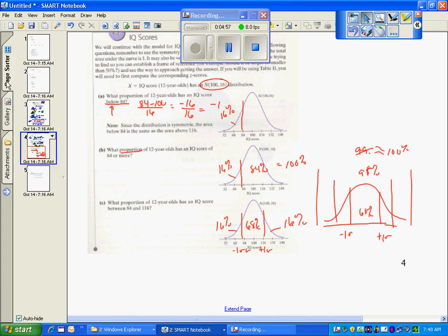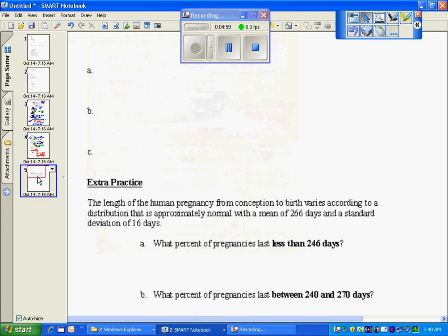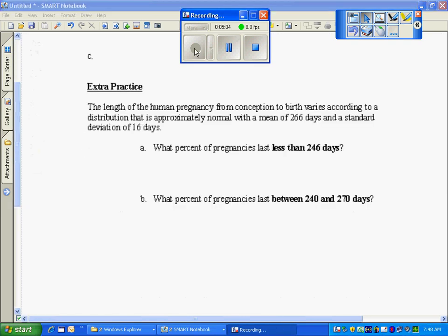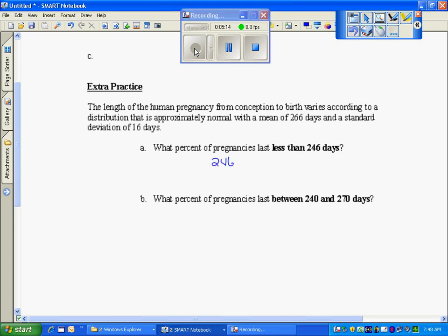There's one more page of extra practice that we'll look at. This has to do with the length of a human pregnancy. It averages 266 with a standard deviation, or step size, of 16, and we want less than 246. To find this, my observation minus my average, how much is that in distance?